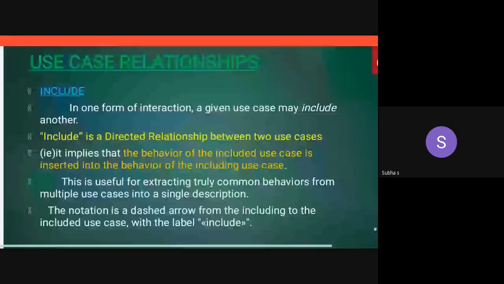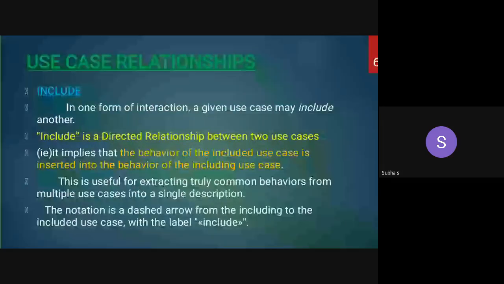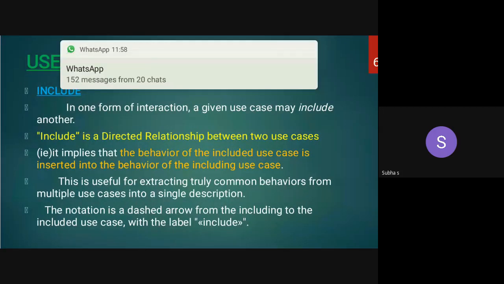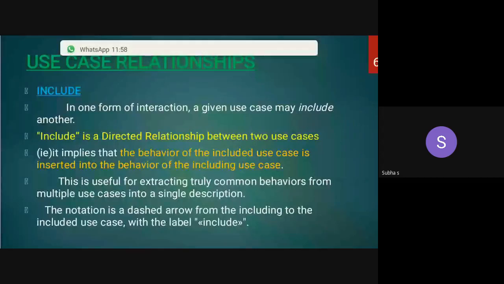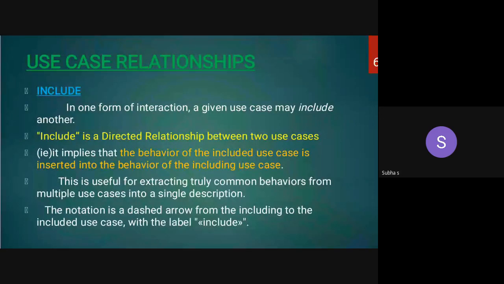Include, that means what? It shows the relationship between one use case and another use case. I already told you, among the 9 diagrams, class diagram, use case diagram, and sequence diagram play a vital role in UML. Especially among the 3, class and use case are very important.